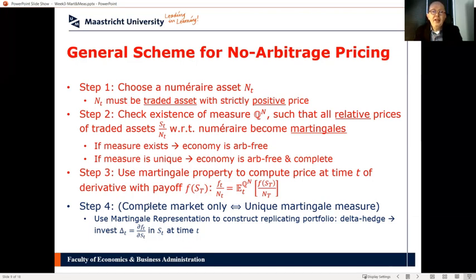And when we are in a complete market, then we can use step 4. If we are in a complete market, i.e. when the martingale measure is unique, then there is a unique replicating portfolio, and then we can use the martingale representation theorem, which I already talked about last week, to explicitly compute what the delta hedge looks like.